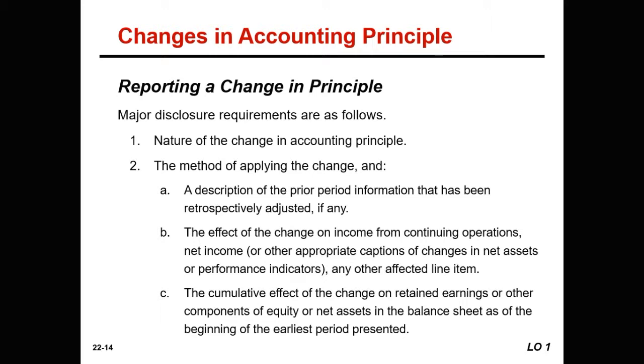The method of applying the change, and a description of the prior period information that has been retrospectively adjusted, the effect of the change on income from continuing operations, net income, any other affected line item, and any affected per share amounts for the current period and for any prior periods that were retrospectively adjusted. The cumulative effect of the change on retained earnings or other components of equity or net assets in the statement of financial position as of the beginning of the earliest period presented.